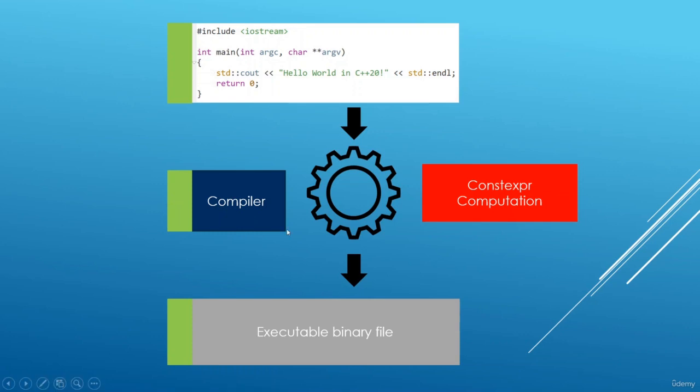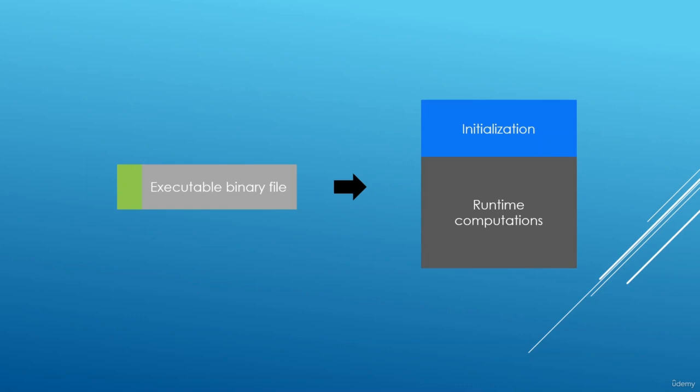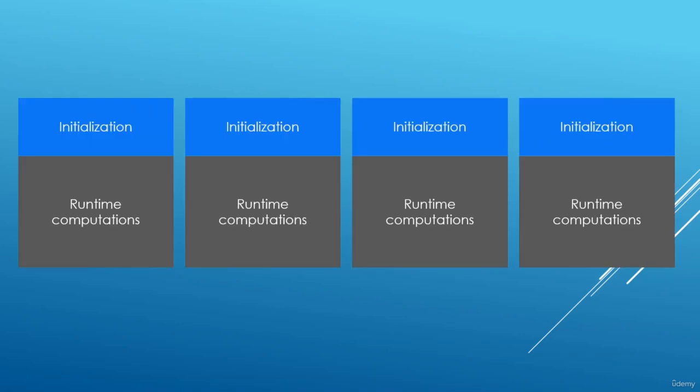Now we have taken these ready computations and moved them at compile time. And the results of these computations are going to be baked into our executable binary. Now, when somebody runs this executable binary file, we're not going to do the heavy computation again. We're going to use the results, and everything is going to go pretty fast. And if the application is run multiple times, we don't pay the penalty.